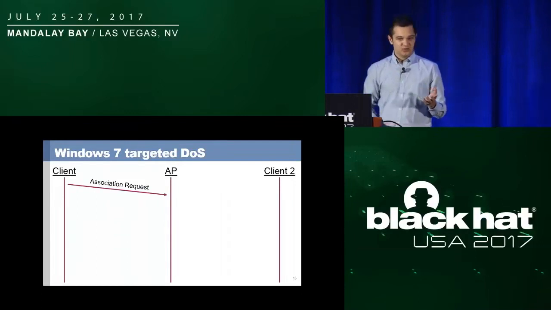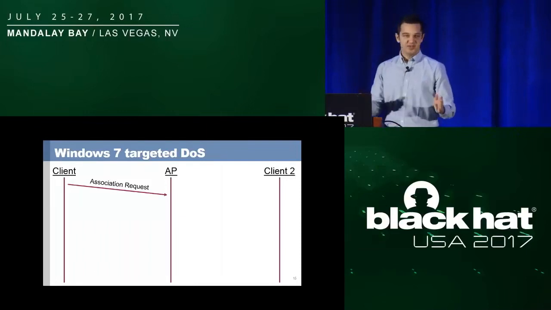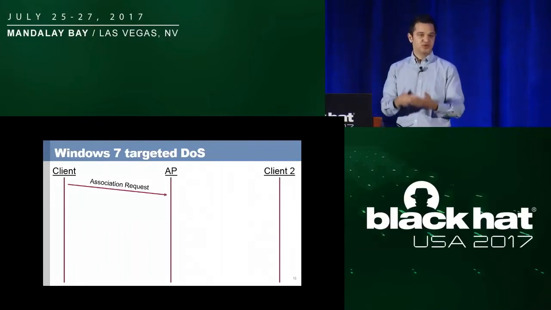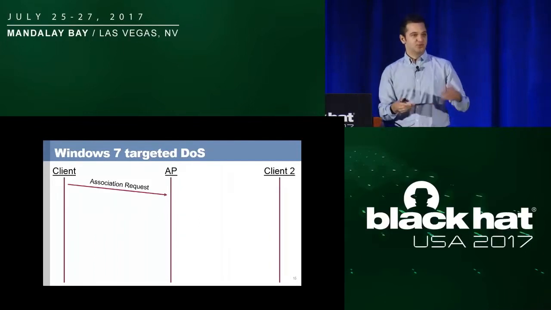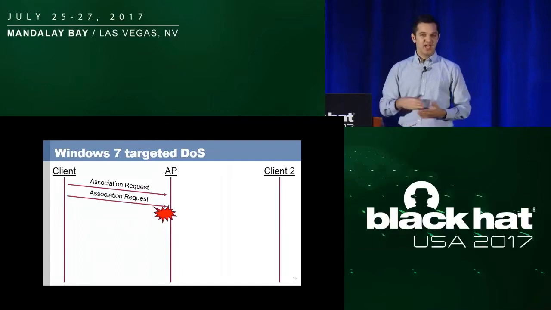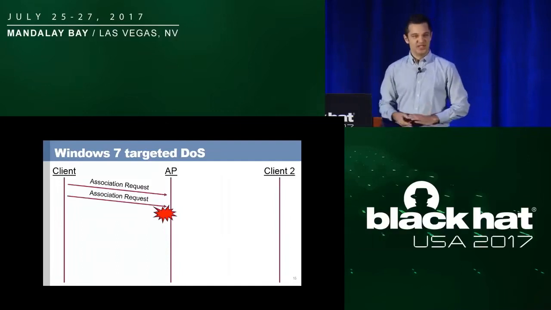So the way this vulnerability works is if the client sends an association request to the access point, then everything is fine. Because sending one association request is normal, it is used to inform the access point, hey, I want to connect. But if you then send two rapidly after one another, something goes wrong on the access point.